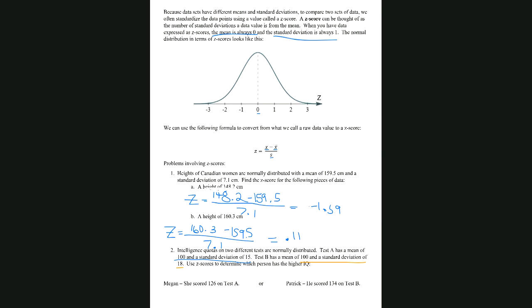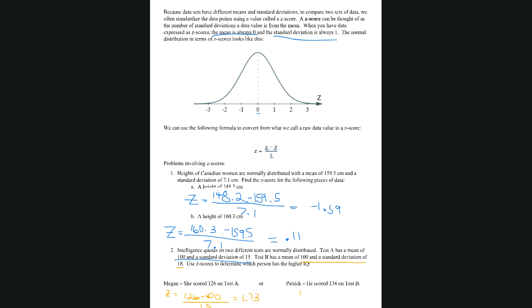So Megan's z-score will be 126 minus 100 divided by 15, and that's going to give me 1.73.